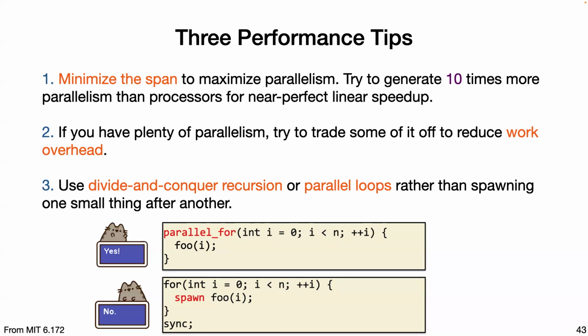Here, for an outer serial loop, each iteration is forking something, so this is going to take span n. This is going to take span log n, because this thing has span log n on the outside, and then this thing has work, or span, theta 1. Using this parallel for construct does this divide and conquer.